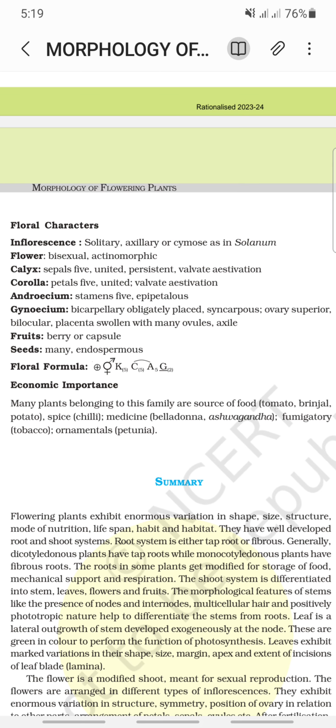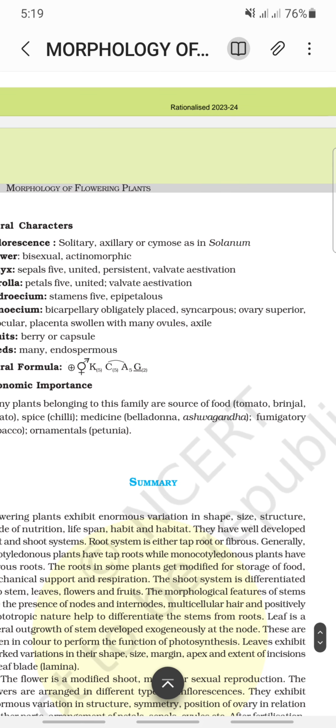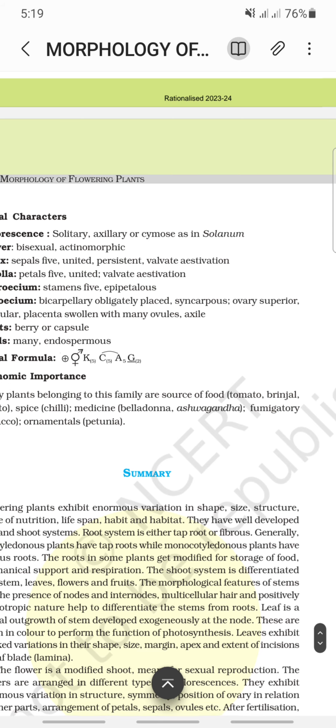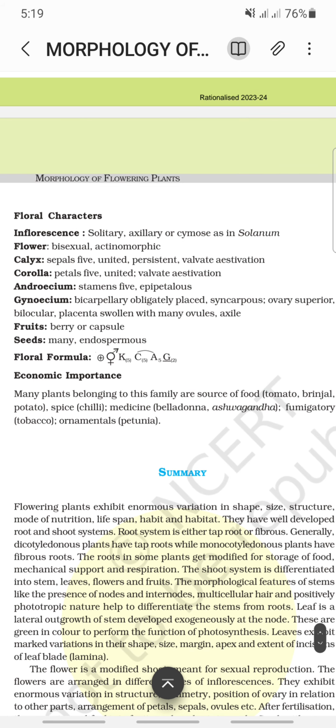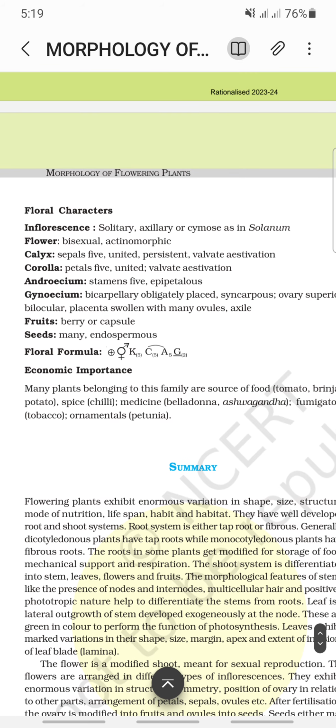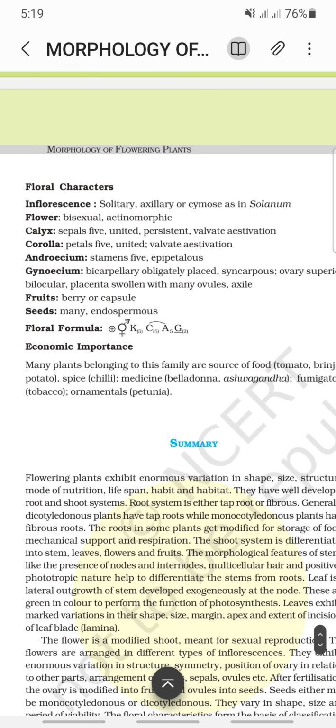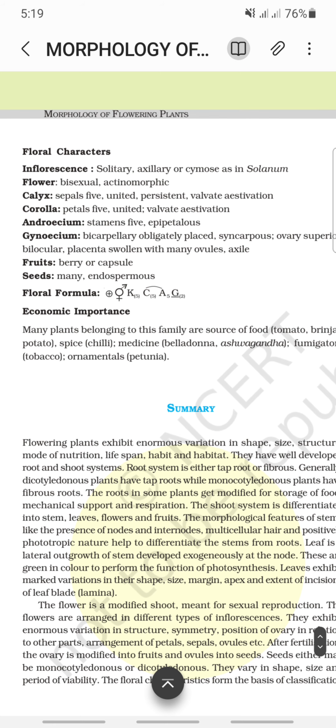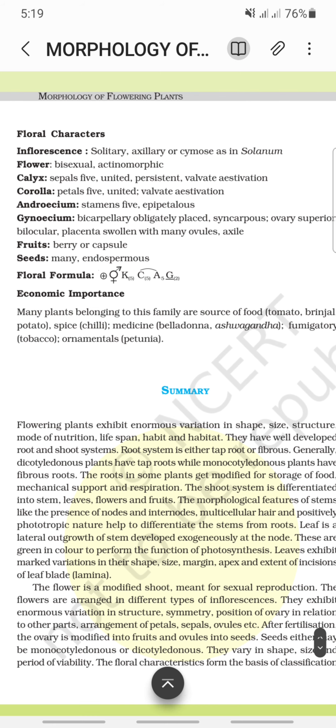Androecium: stamens 5, epipetalous. Gynoecium bicarpellary, obliquely placed, syncarpous, ovary superior, bilocular, placenta swollen with many ovules, axile. Fruit berry or capsule, seeds many, endospermous.